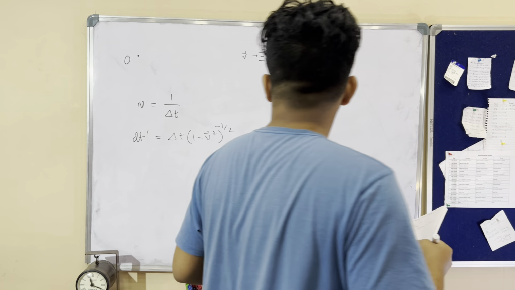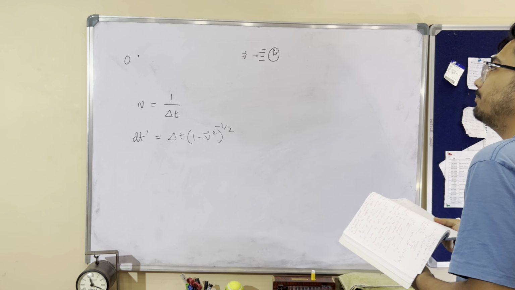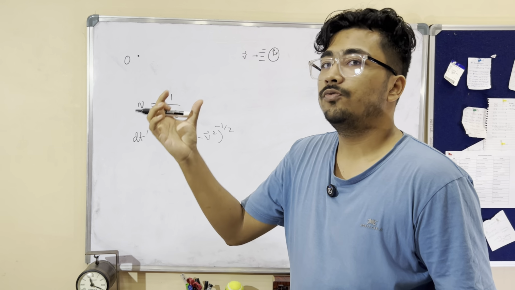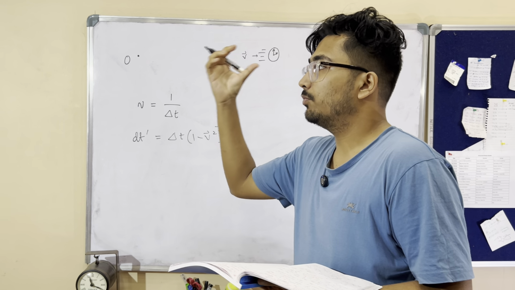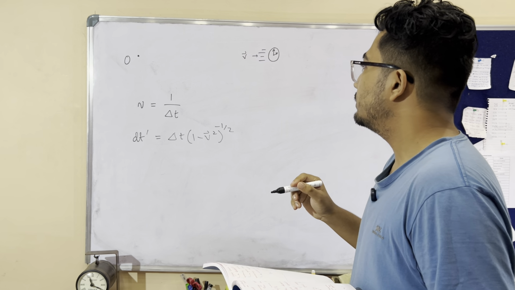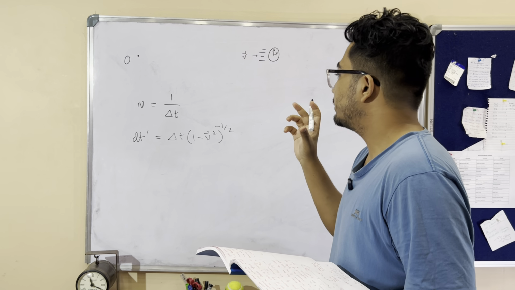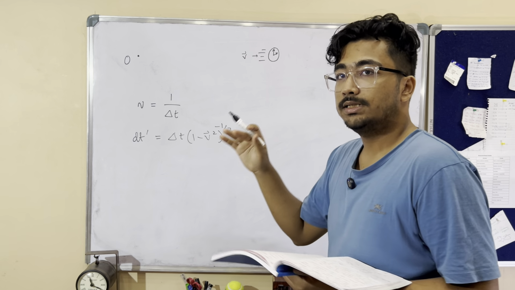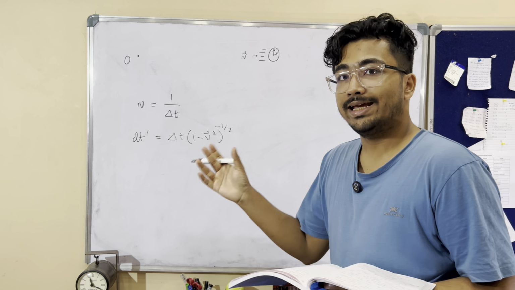However, during this time dt prime, the clock moves some more distance, and the second pulse of light needs to travel some more path to reach O. So, O will see the time difference between two successive emissions, or between two ticks.